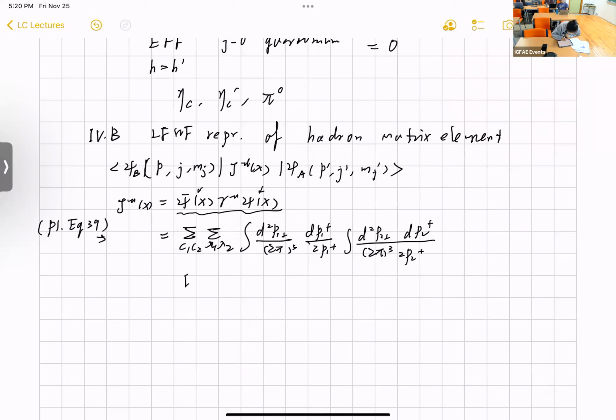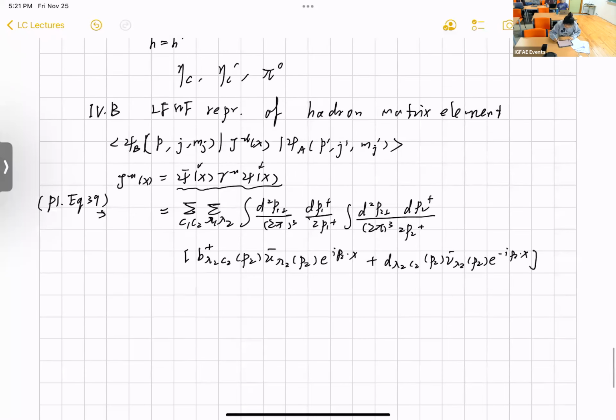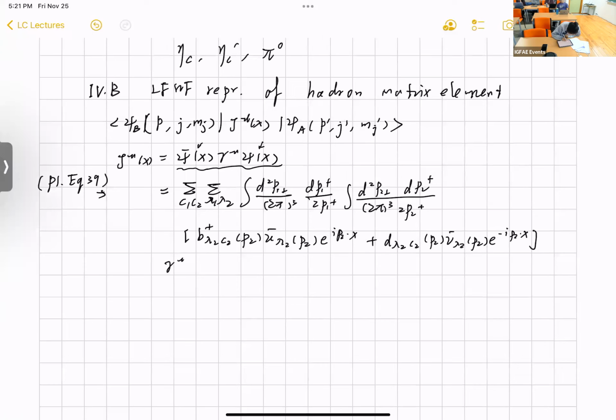And then for psi bar, I have this. And then there is gamma mu in between. And then the psi.